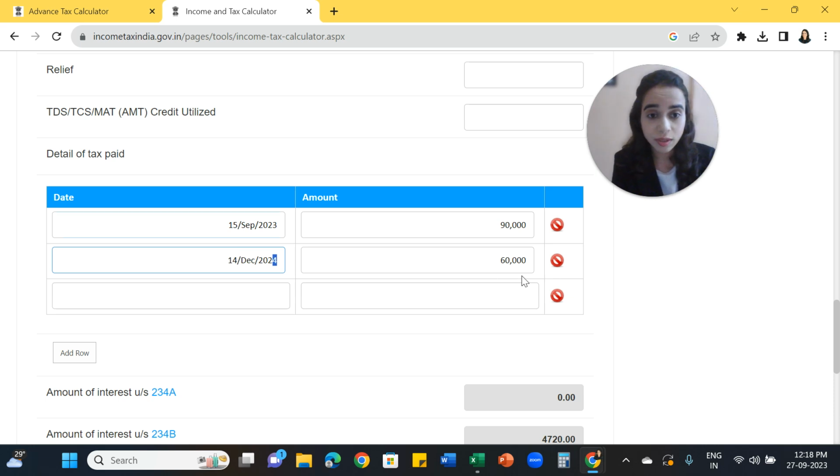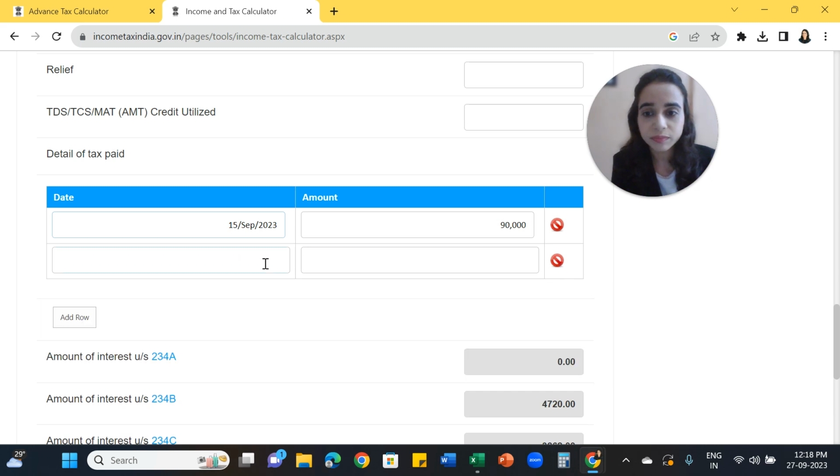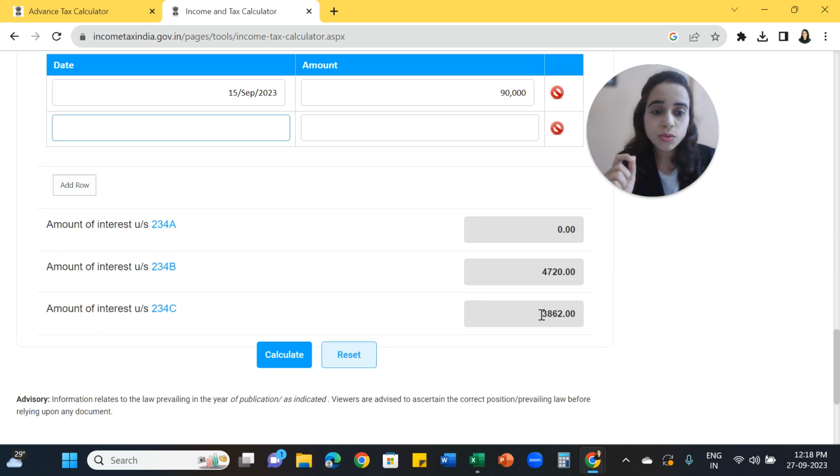Let's check about the second installment also. So now you see how much interest I'm supposed to pay, around 8500. So from 18,000 it has come to 8500.